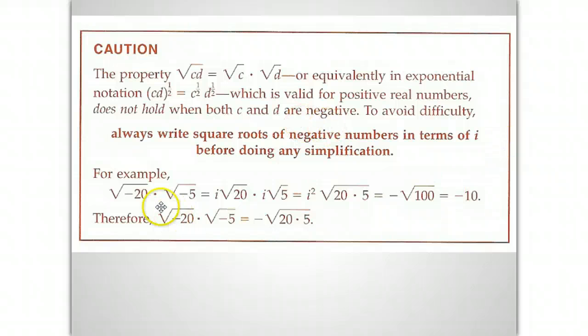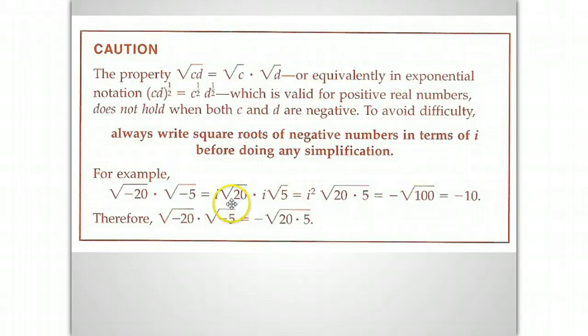As an example, if it did hold, we'd say that the square root of negative 20 times the square root of negative 5 would be equal to the square root of positive 100, which is 10. However, we know that the square root of negative 20, by definition of complex numbers, is i times the square root of 20. And the square root of negative 5 is i times the square root of 5. Because remember, they're not real numbers, so we can only express them as complex numbers, and there are these two imaginary numbers.